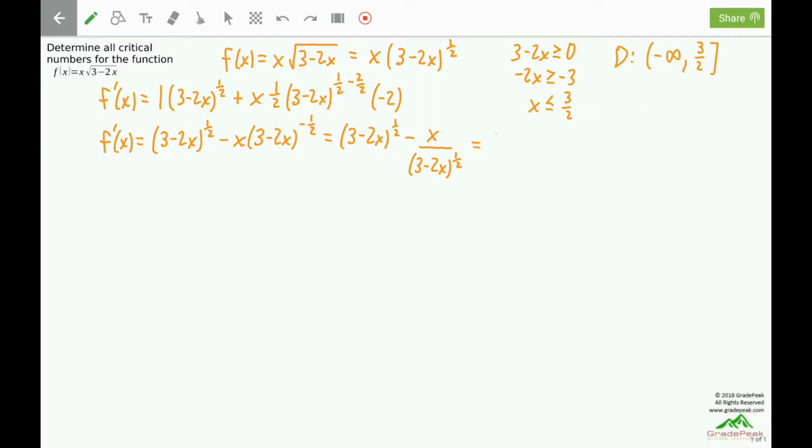So we need to take the first expression and give it a common denominator by multiplying it by 3 minus 2x to the 1/2 over itself, a form of 1. So we're not changing the value, just a look, but this will put it over a common denominator with the second term, which is negative x over the 3 minus 2x to the 1/2.